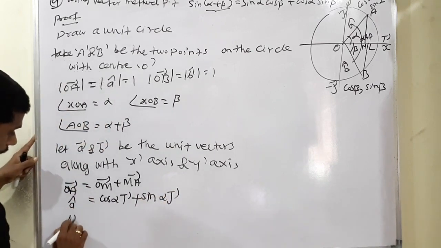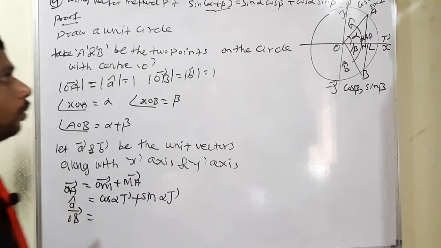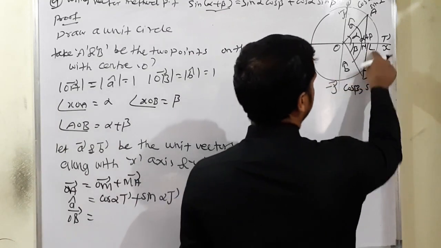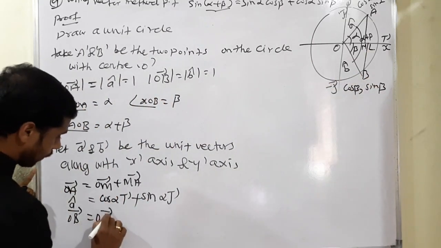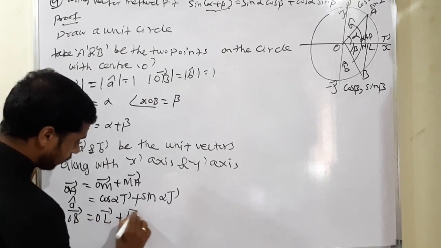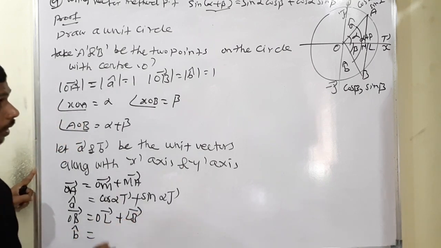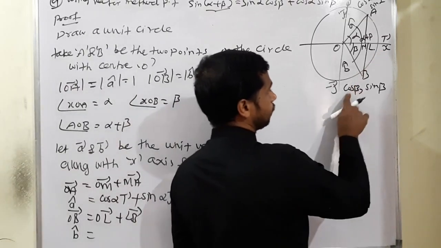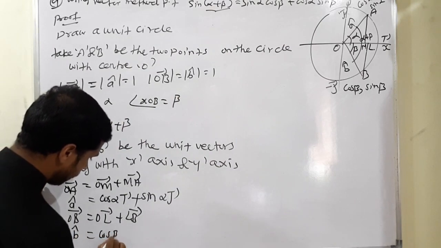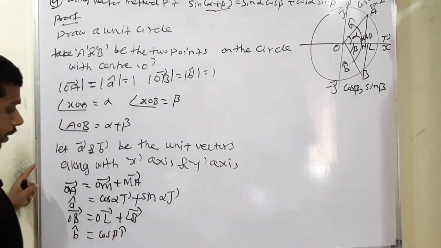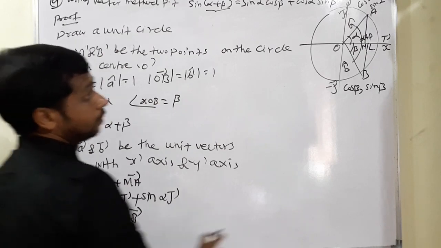Then the OB vector: OB vector is OL vector plus LB vector. OB, that is B cap, is equal to OL, the same x-axis, cos beta i cap, plus LB.